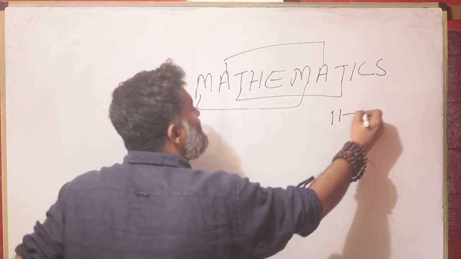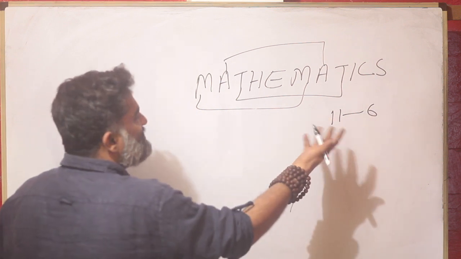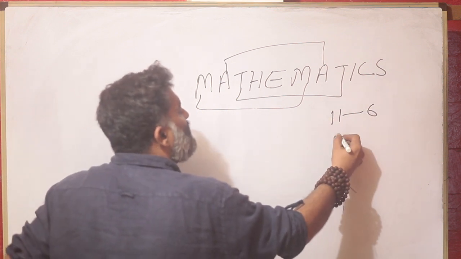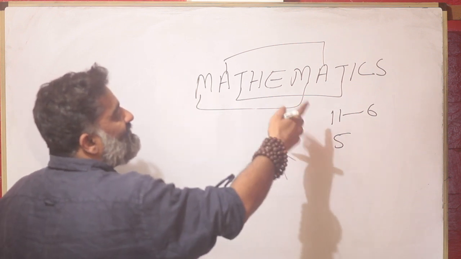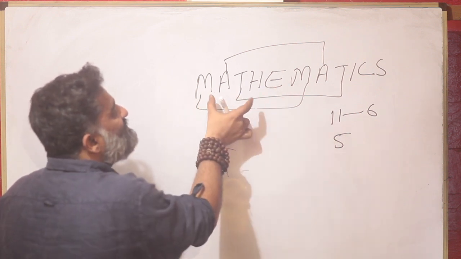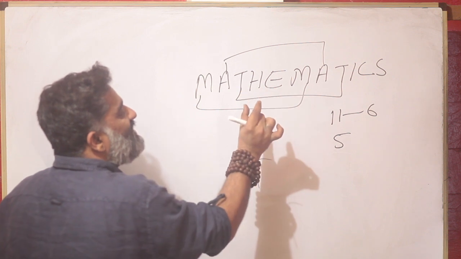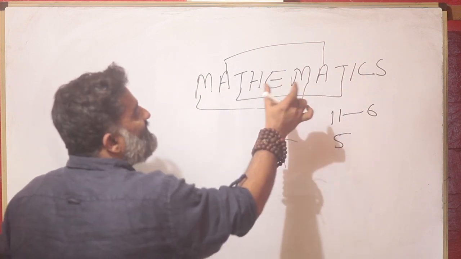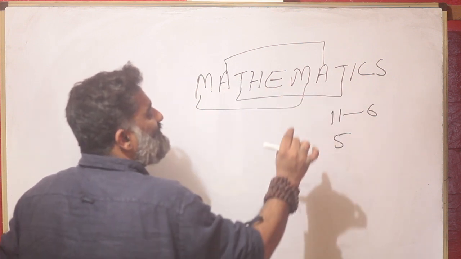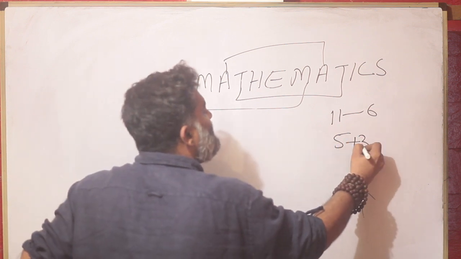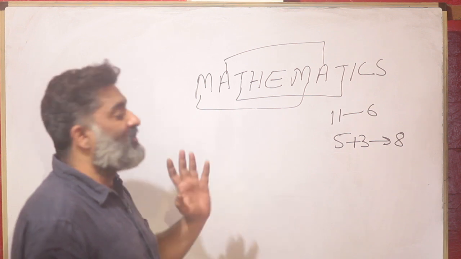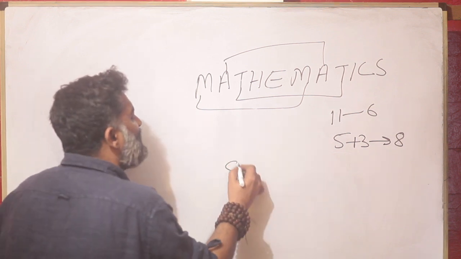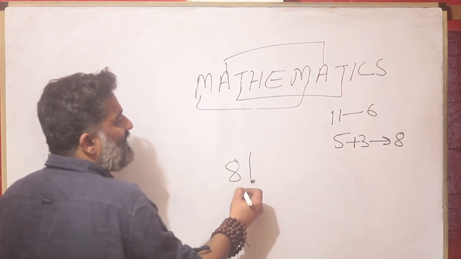This is just your initial calculation. So you are left with 5 letters, and these 6 will become 3 because each pair will be a box. The M's together will be one box, the A's together one box, the T's together one box. So 5 plus 3, your overall story is now 8 units. So your answer should be fairly easy: 8 factorial, right?